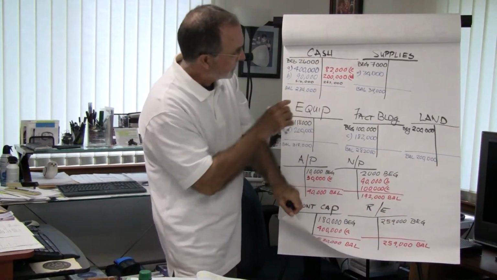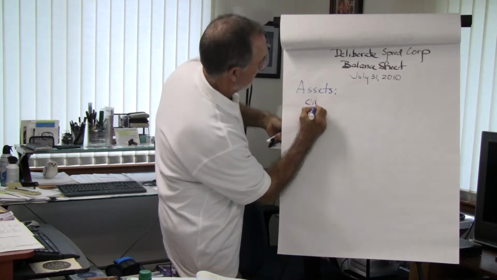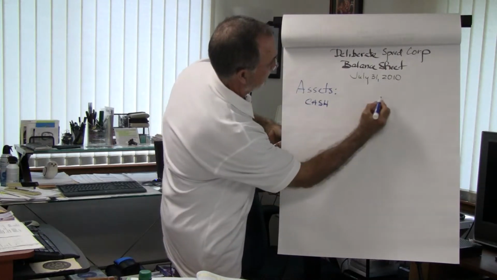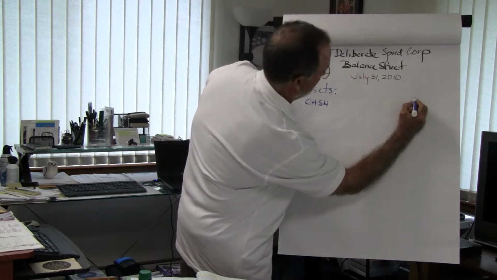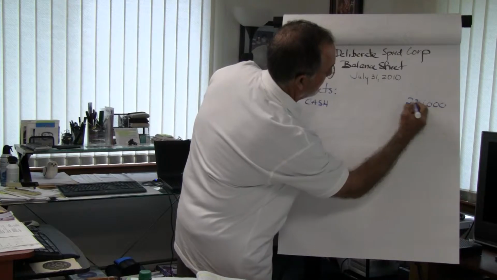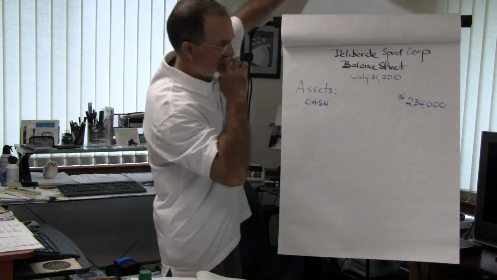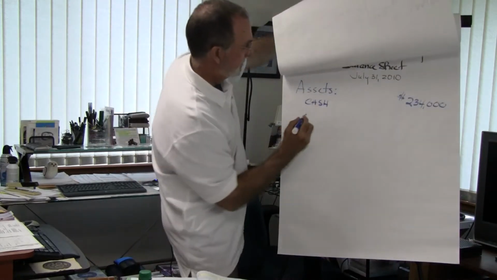So our cash balance is $234,000. Supplies is $37,000.